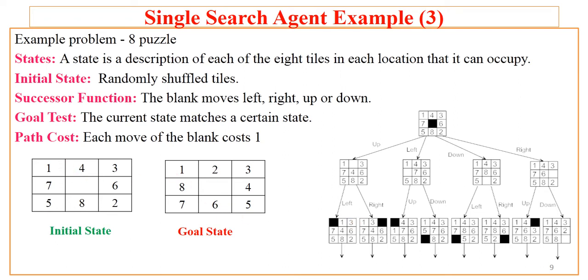Now here there is a path cost. Why? Because the game is to be solved with the minimum number of shuffling of the tiles. That's why if you make a move, it will cost 1 unit. The more moves you make, the more penalties you will be getting.